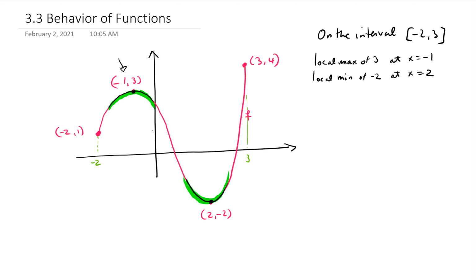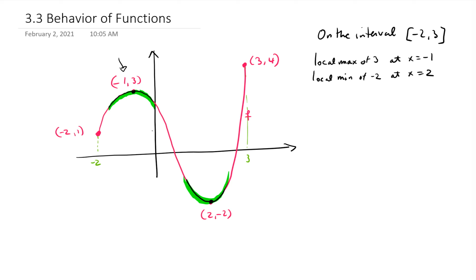Okay, but now if we look at the entire graph of f on the interval -2, 3, what's the largest possible value of f on that interval? Now it's not going to be 3. 3 is locally the largest value of y in the neighborhood of -1.